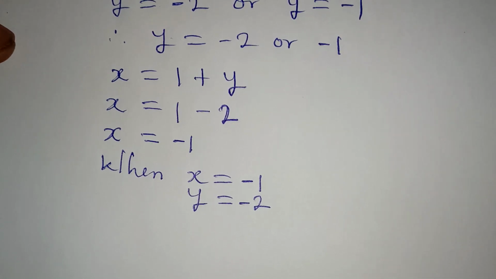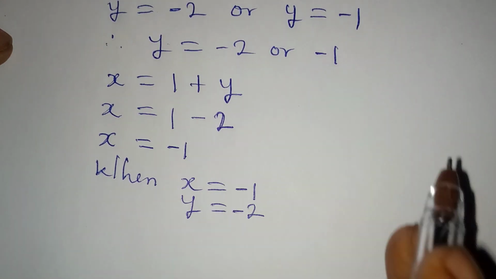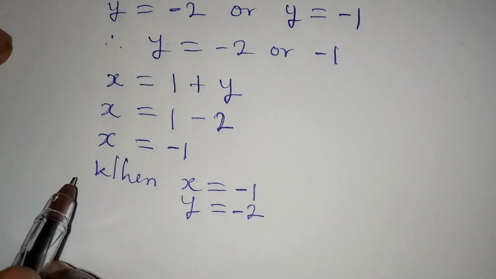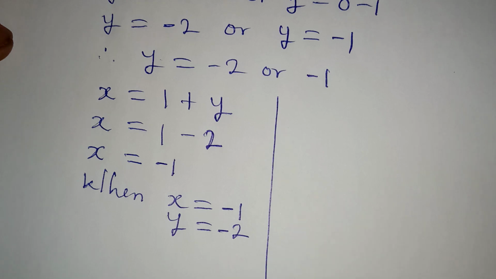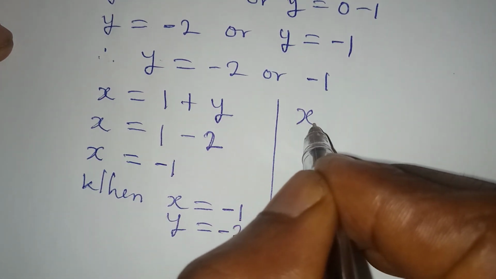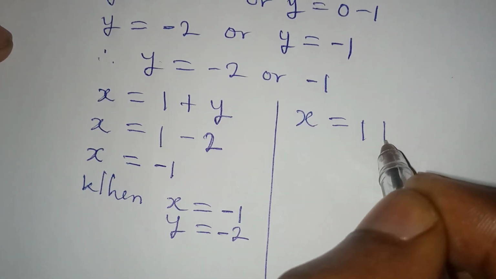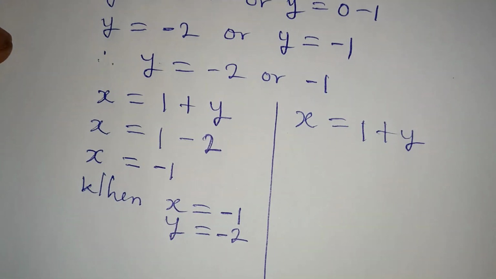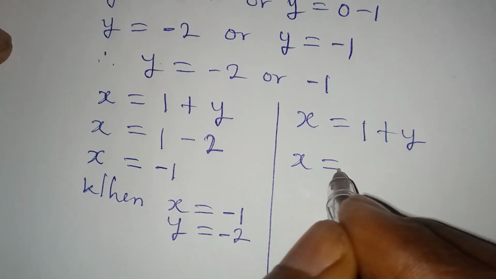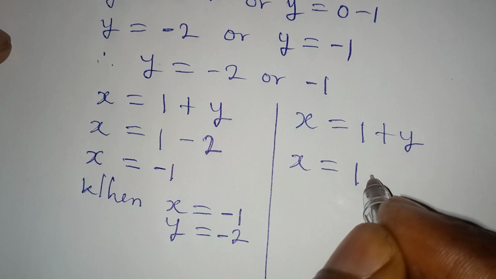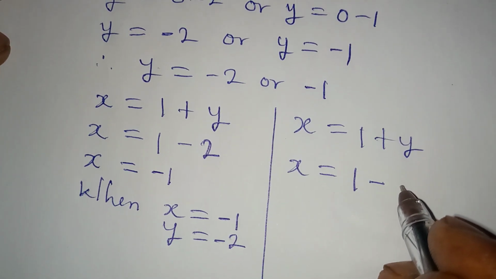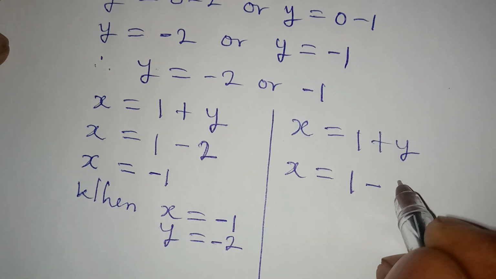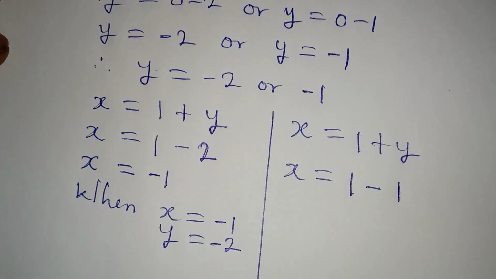Now let's continue again to the second value of y. Okay, so let me do it on this side. The second value of y, which is -1, and we get our x to be equal to 1 plus y, right? So from here, x will be equal to 1 minus 1, and our y is -1, so we write -1 over there.